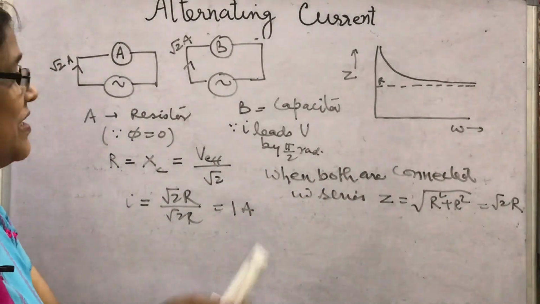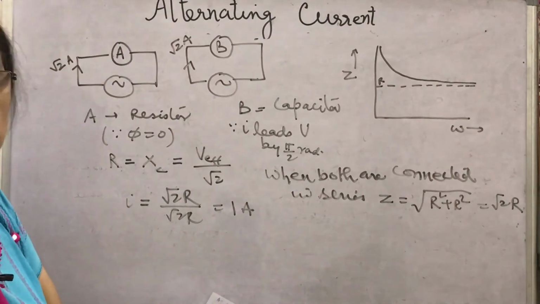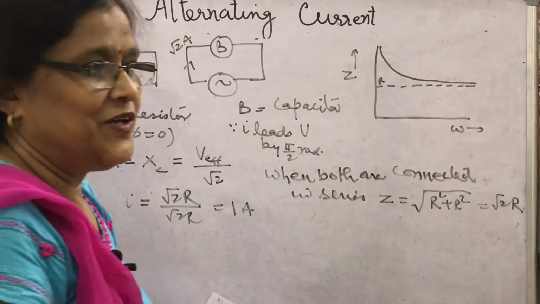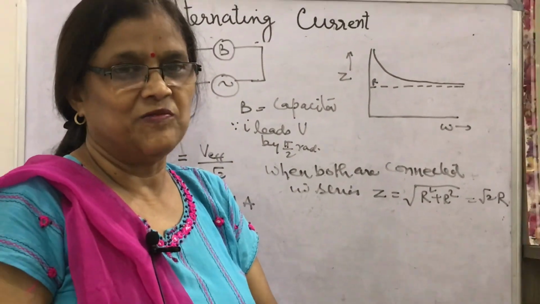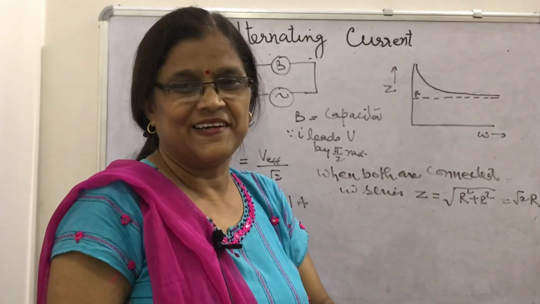I hope in this way you will solve the given questions. You learn the concept behind that, you learn the phase angle, and you will be able to solve whatever questions are given. I hope you must have enjoyed it. Thank you.